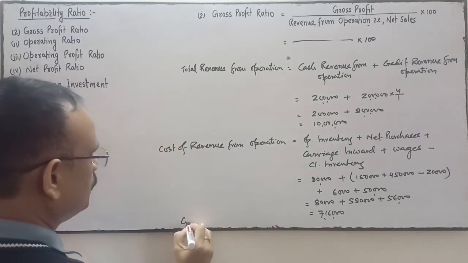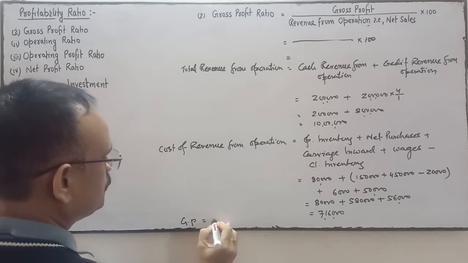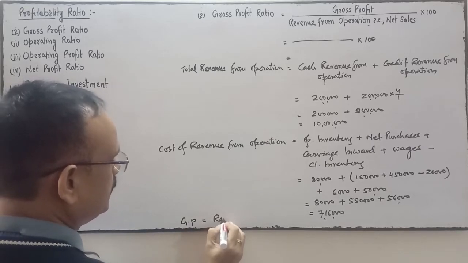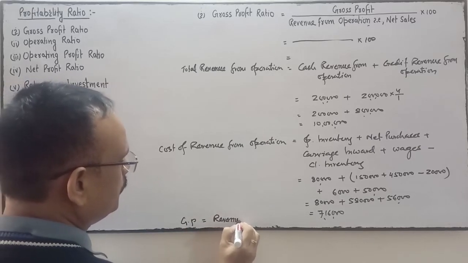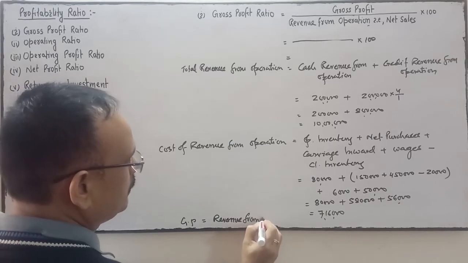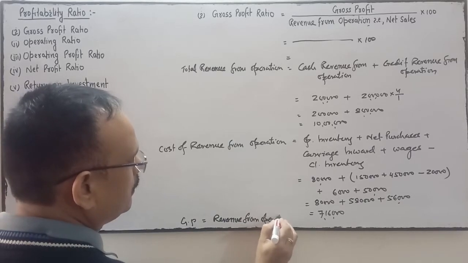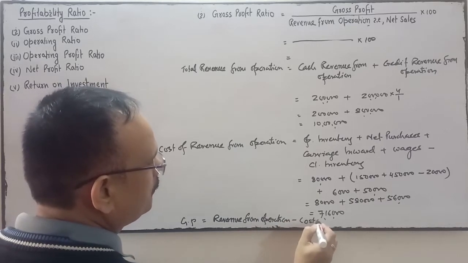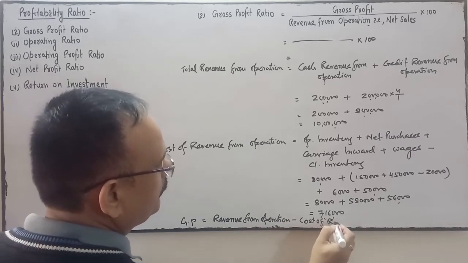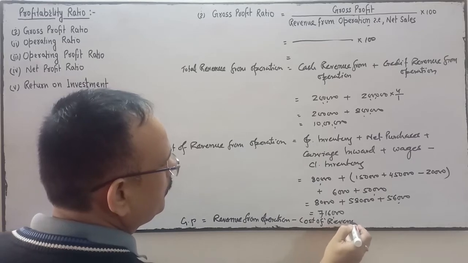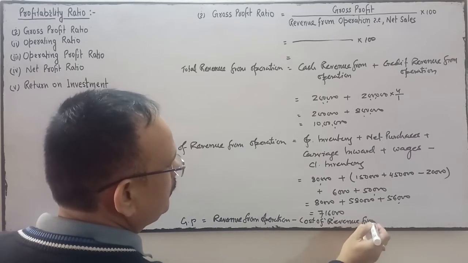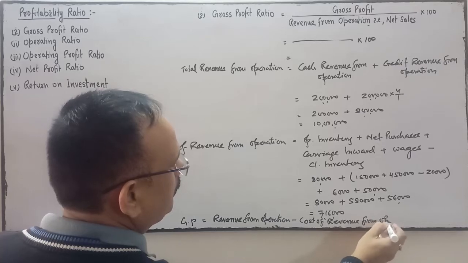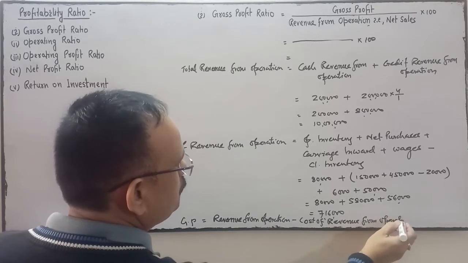So GP is equal to revenue from operation minus cost of revenue from operation. Okay, GP is equal to what?